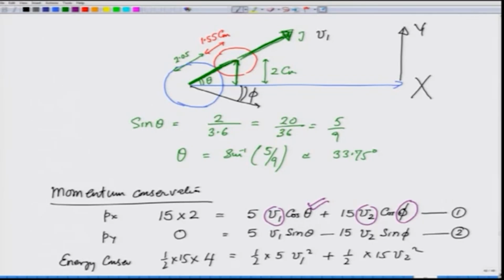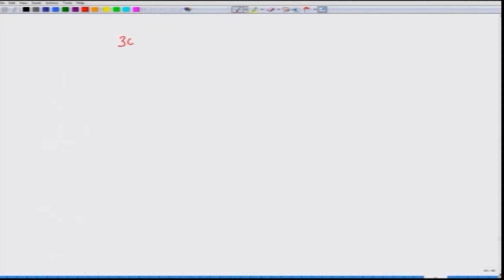Because we already have information about theta, using conservation principles I can get these 3 unknowns. And now what remains is just solving this equation. Let me simplify them right here. So, I have 30, 15 times 2 is 30, is equal to 5 v1 cosine of 33.75 degrees plus 15 v2 cosine of phi. That is my equation 1.